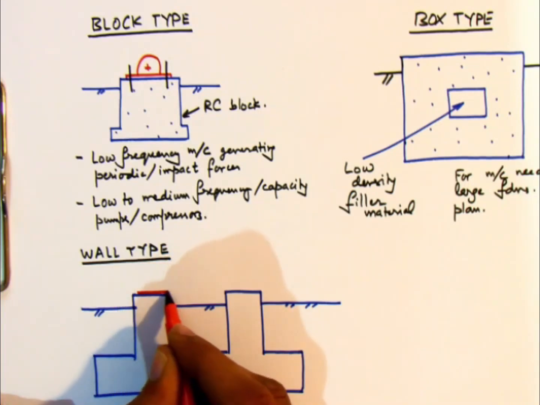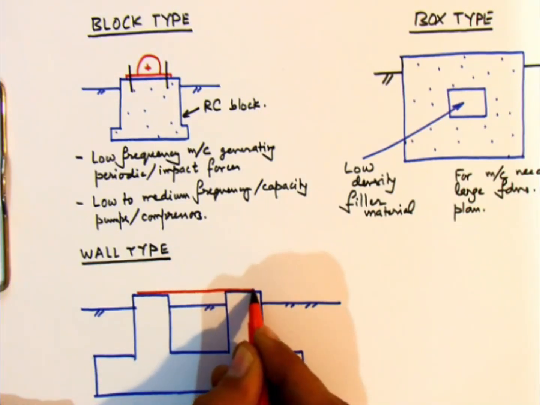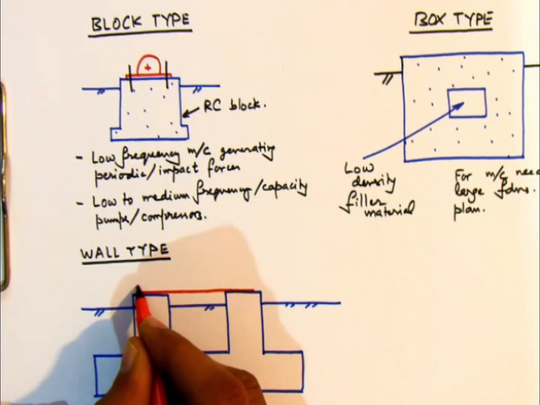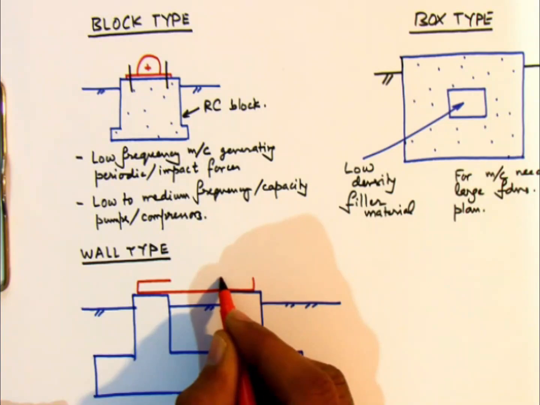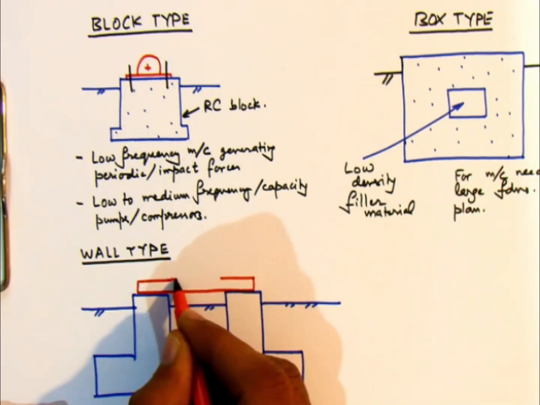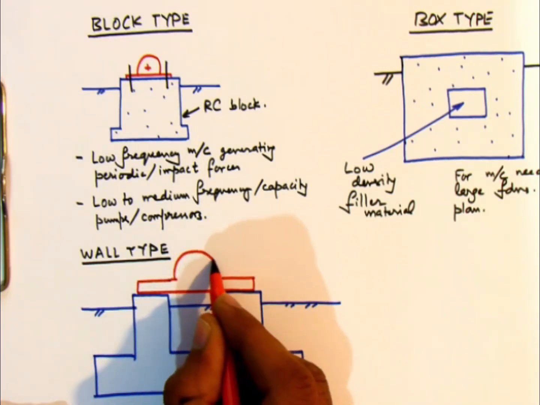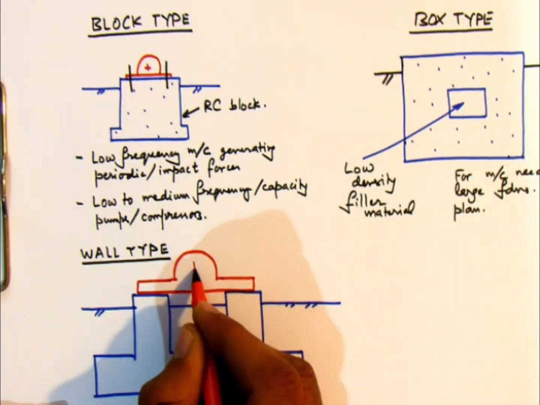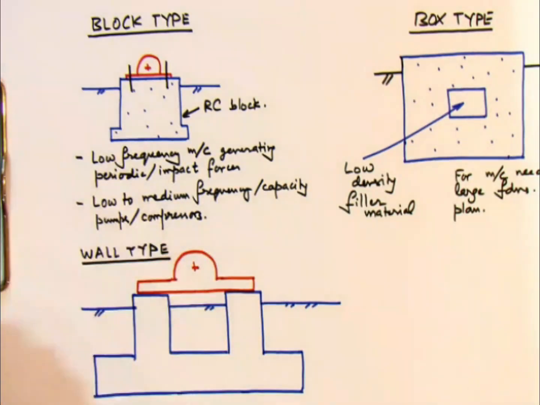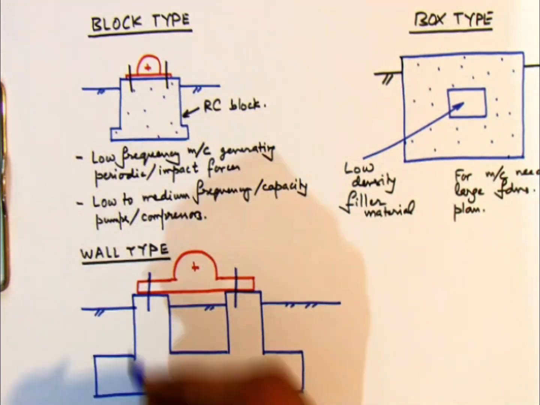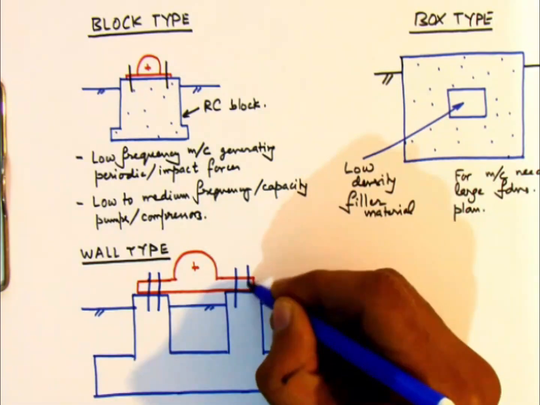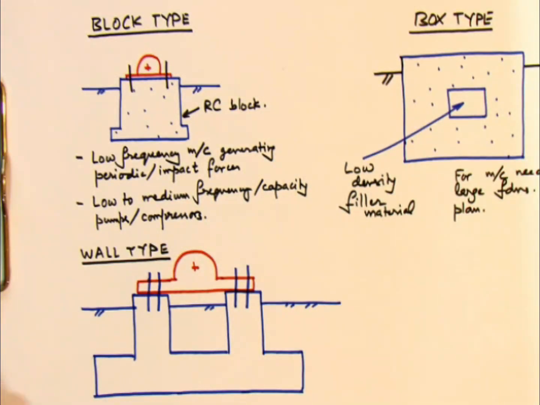and the machine is then mounted on these walls using anchor bolts. Sometimes the space between the walls is not filled with soil and is left open for inspection purposes. Typically these kind of foundations are suitable for those machines which are very long in horizontal direction.